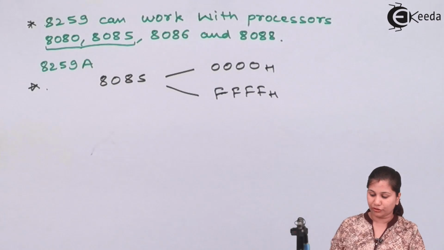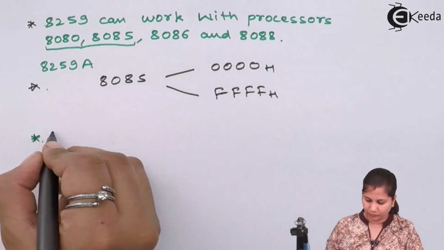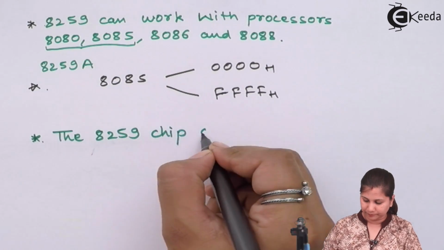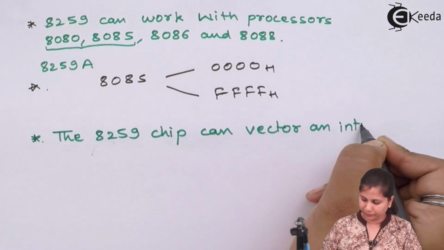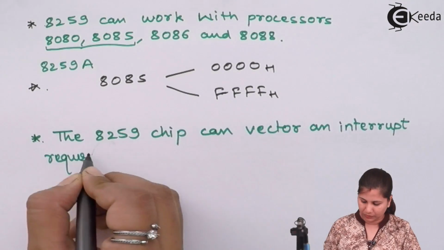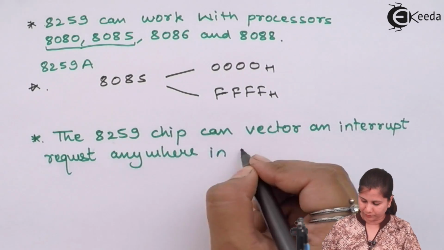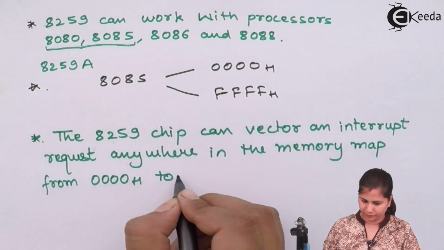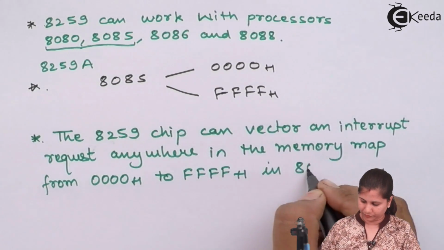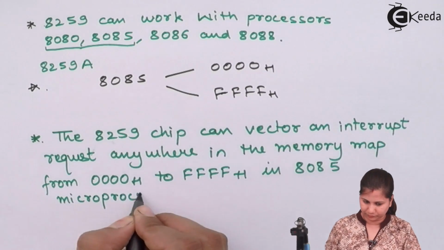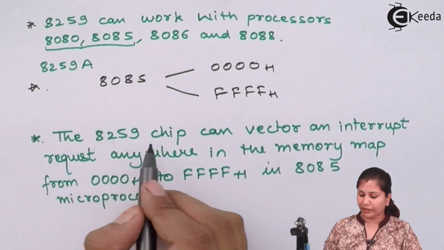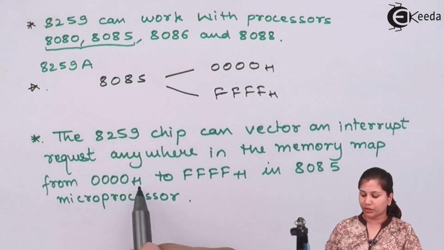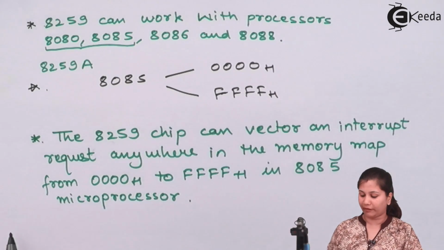So I can write the feature of this: the 8259 chip can vector an interrupt request anywhere in the memory map from 000H to FFFH in the 8085 microprocessor.